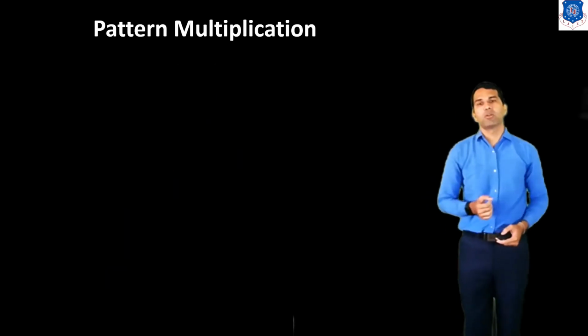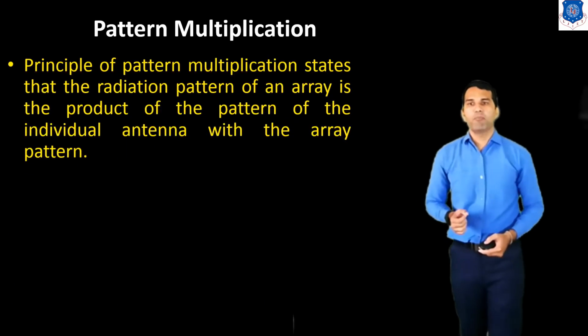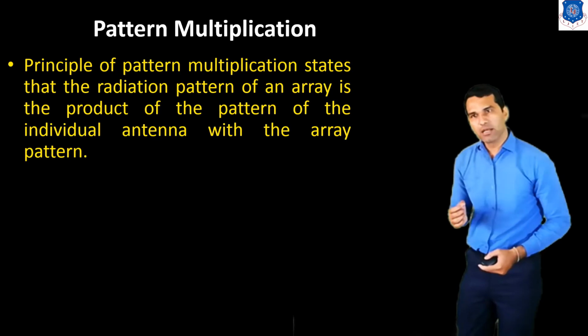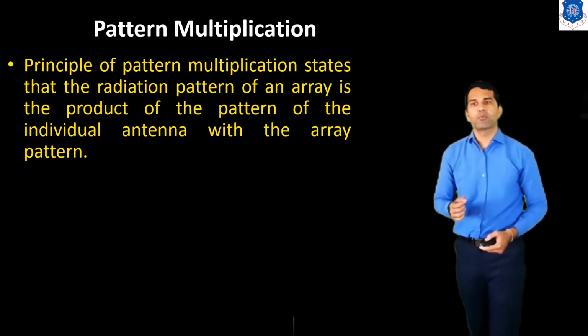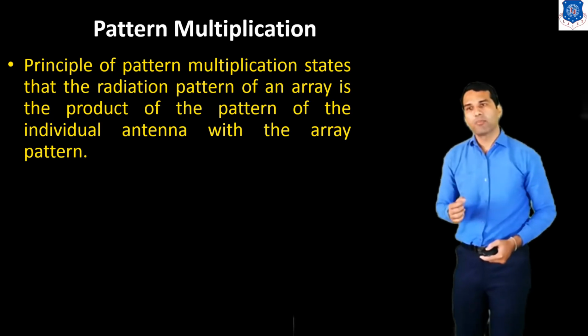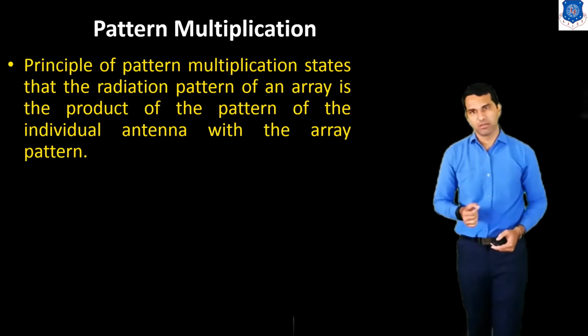Now we discuss pattern multiplication. The principle of pattern multiplication states that the radiation pattern of any array is the product of the pattern of the individual antenna with the array pattern.